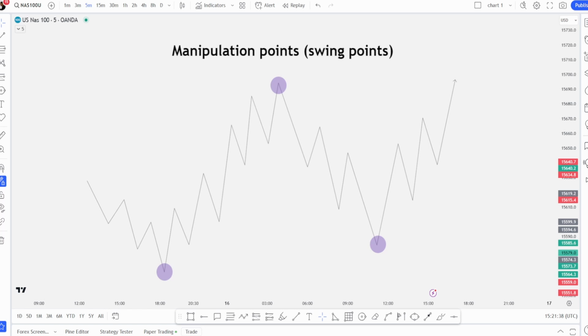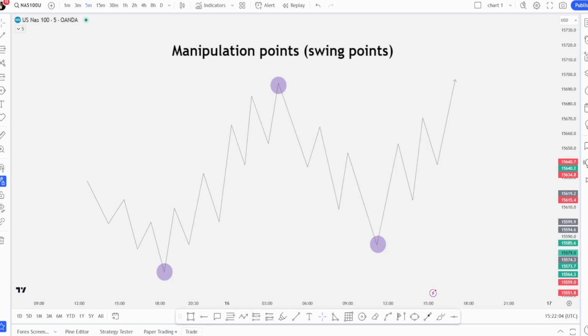Now, understanding where these points sit within the market is very important, especially for the way that I like to trade and a lot of my students like to trade, and that is because it gives you a clear and detailed view of the higher time frame price action movements without having to necessarily reference the higher time frames.